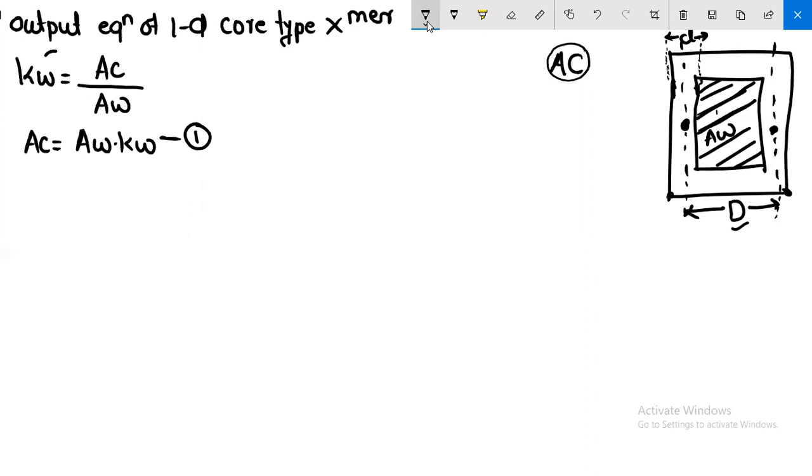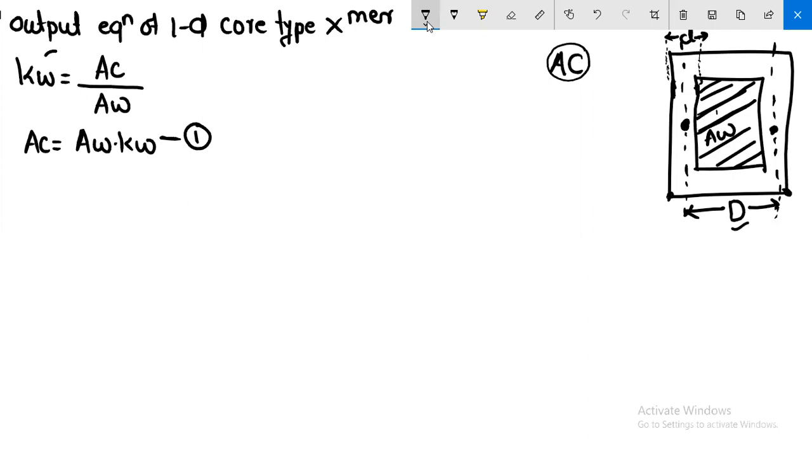Have you got it? It is not like this equation number 1 is not required for us. If the copper area is given and window space factor is given, how can you find out the window area? By using this equation number 1. आले का लक्षात सगळ्यांना? So whatever equation we derive in the proof is also required whenever we derive the output equation.